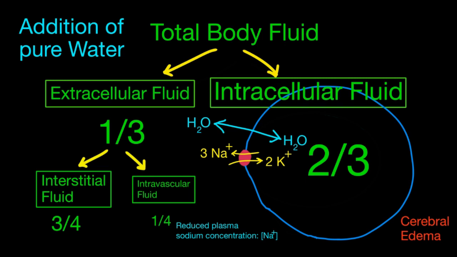What we do instead is measure plasma sodium concentration, because if water is being retained in the body, it's going to be distributed equally throughout all these compartments. And since we have easy access to intravascular fluid, we can measure the plasma sodium concentration, which tells us about water balance, such that if water is retained, the plasma sodium concentration will fall as it's being diluted.